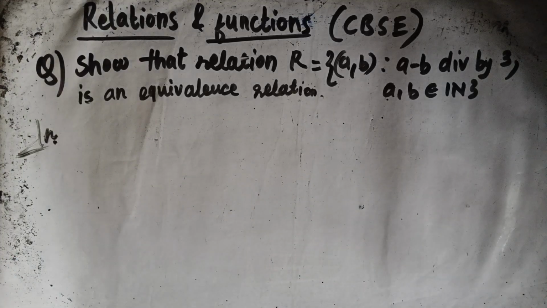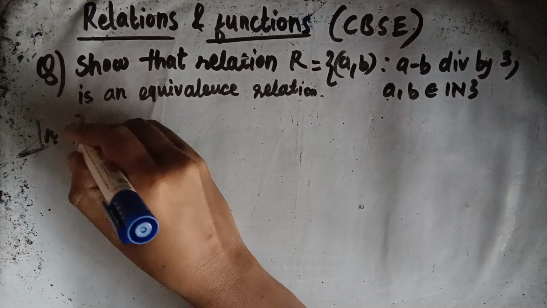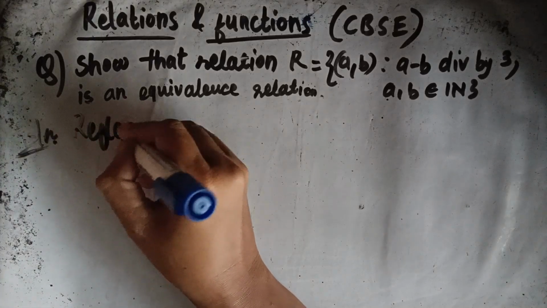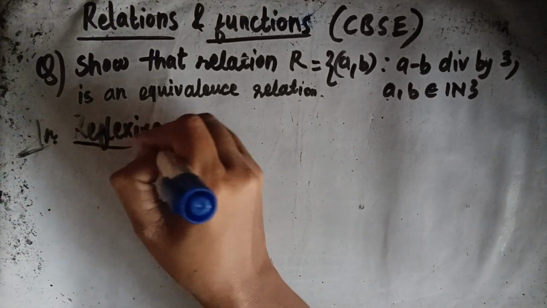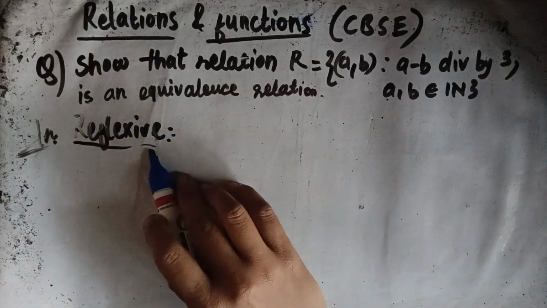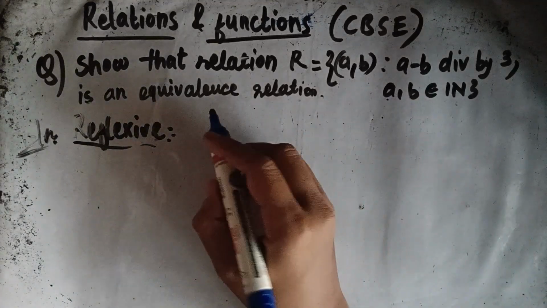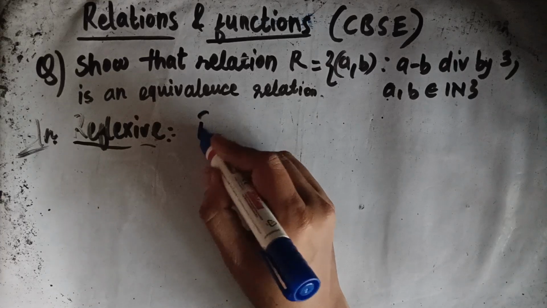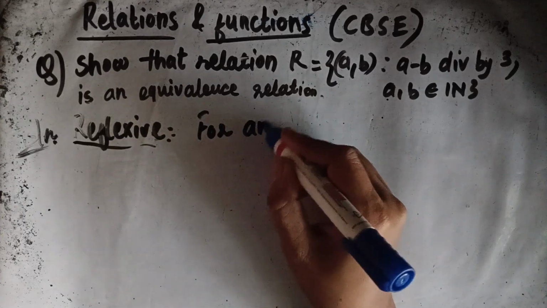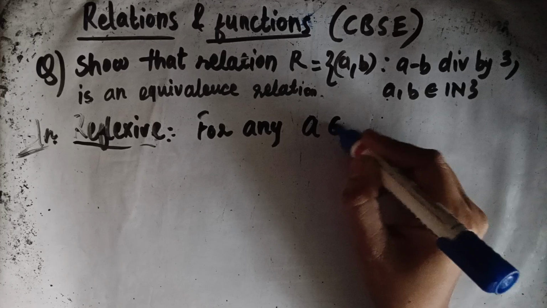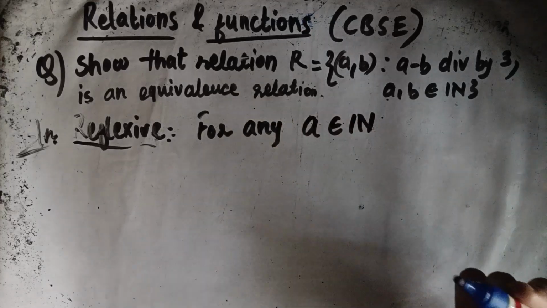Starting with the solution, first you have to prove it to be reflexive. To prove reflexive, you have to take one element from set of natural numbers, say for any a belonging to set of natural numbers.